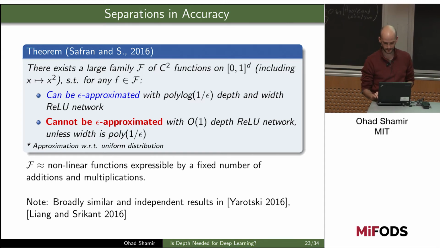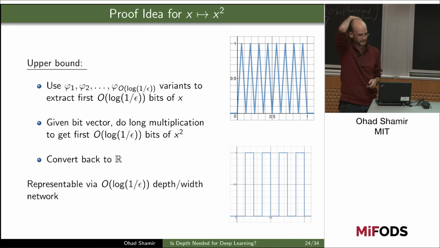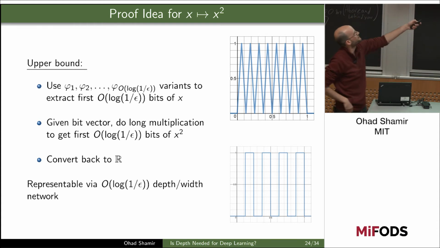And the proof idea is, again, pretty simple. So first, in terms of the upper bound, how can we compute x maps to x squared with a polylog sized network? The idea is that you use variants of this zigzag function I talked about earlier to extract bits. So a cousin of this function is a function that looks like this, which is 1 where the ith bit is 1 and 0 otherwise.